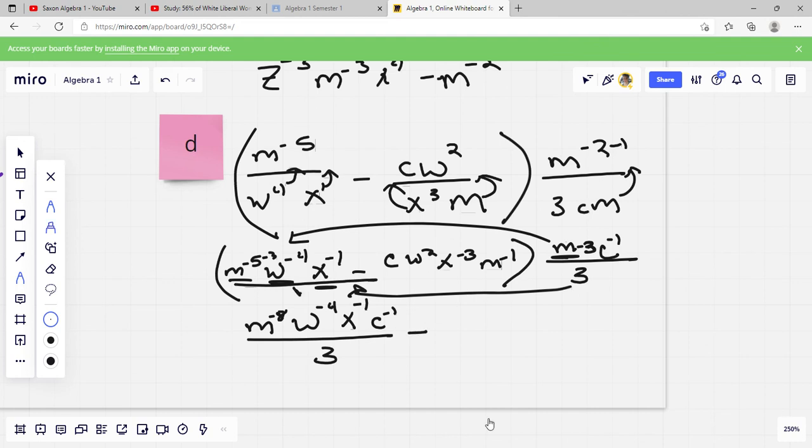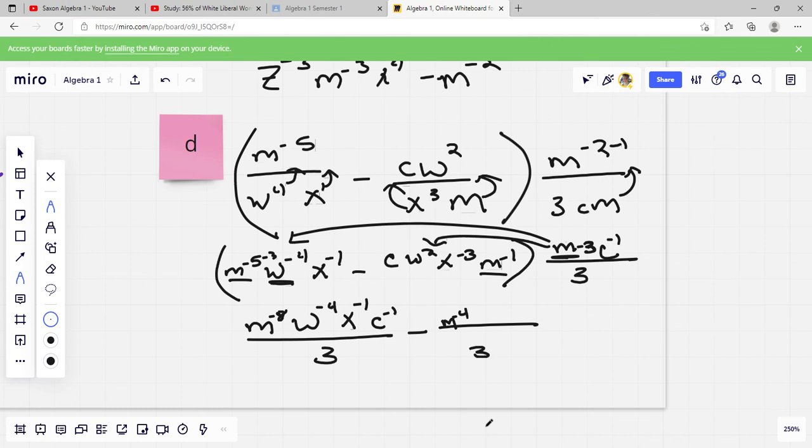Alright, next we're going to rainbow from here to here. Okay, so once again we have a 3 on the bottom. Alright, m, -3. -3 and -1 would be m, -4.